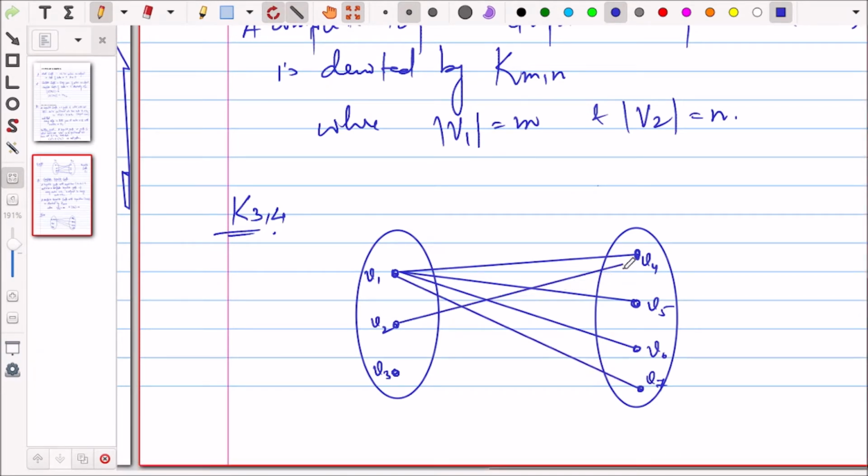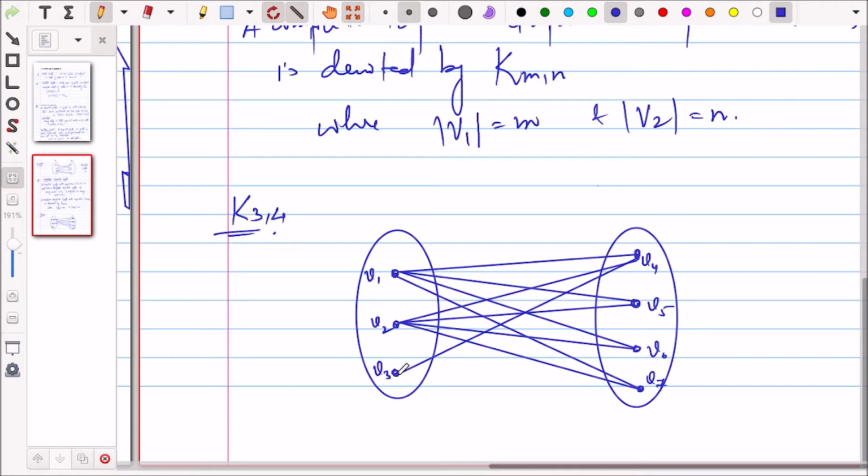Similarly, V2 should be adjacent to every vertex in this, and similarly your V3 should be adjacent to every vertex in this. Right? Is it clear? Yes, sir.